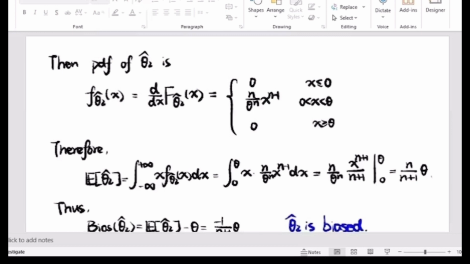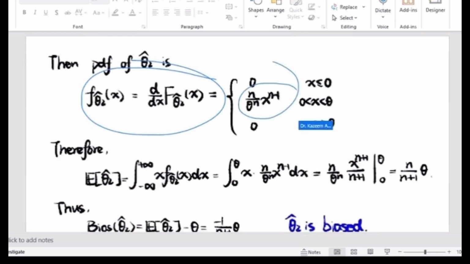You see, the PDF is a lowercase f from the CDF, an uppercase F. When I perform the derivative, I'm going to have this here. This is what we want to use: the probability distribution of the maximum order statistic.